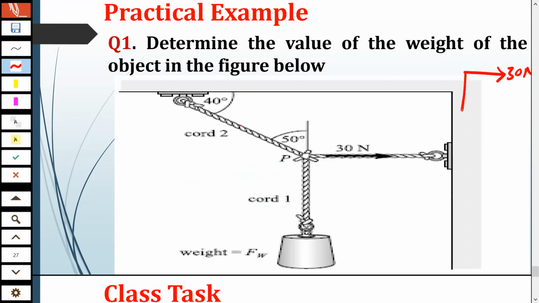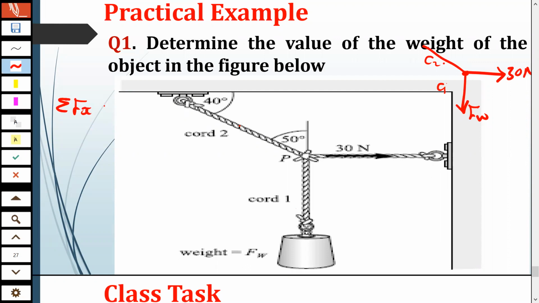Then we have the weight, which is the one that we are looking for, FW. And then there's also this, which has to be resolved into two components. So we have cord 1, which I'll call C1, and then this one is C2. Here, we just have to find the summation of forces in the X and Y. That's the simplest way to do that. We first find the summation of forces in the X.